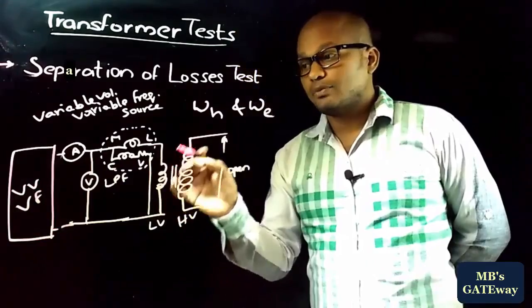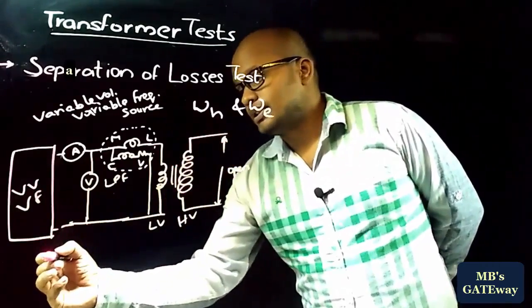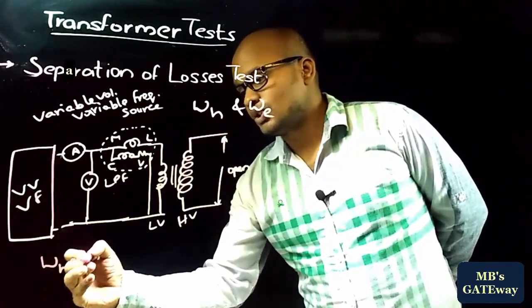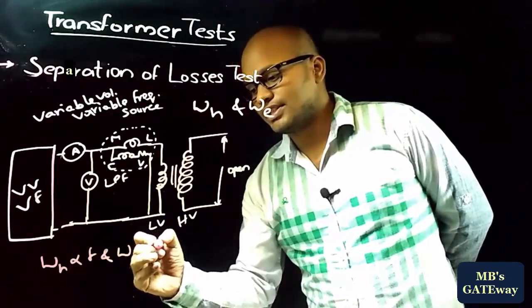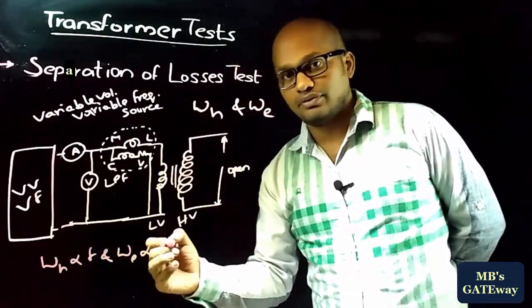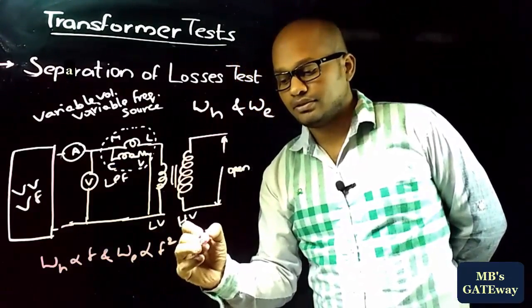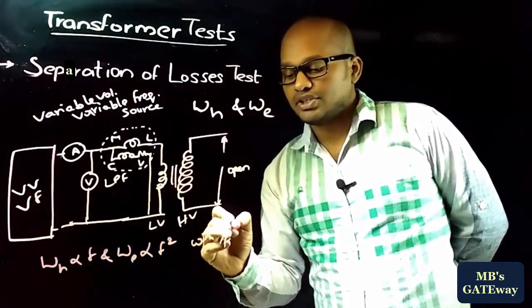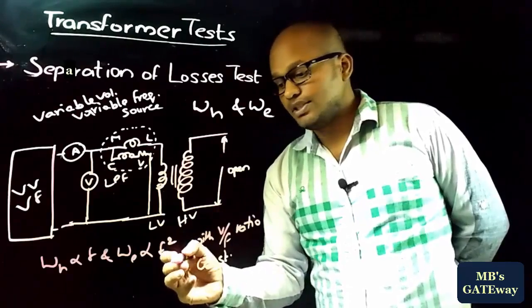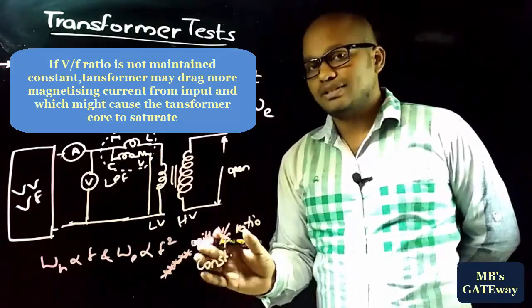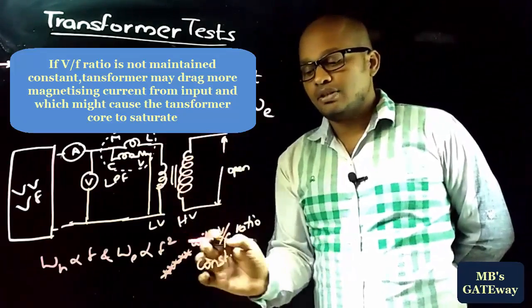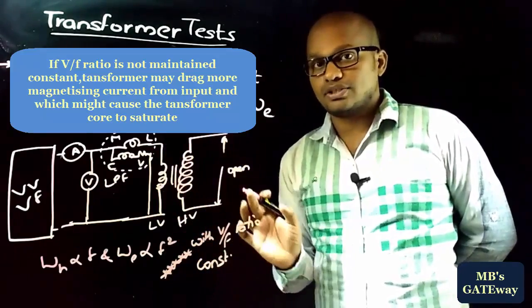As discussed in the losses topic, hysteresis losses are directly proportional to frequency and eddy current losses are directly proportional to the square of the frequency, with the V by F ratio constant. This is an important point that you must make a note of: in the separation of losses test, the V by F ratio is maintained constant.